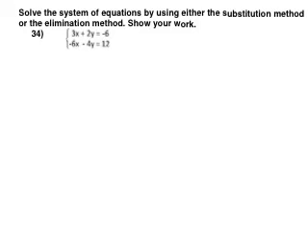Number 34. Solve the system of equations by using either the substitution method or the elimination method. Show your work. Again, pick the method that works best for you. I would say the elimination method would be good because our two equations here are set up in the same format.